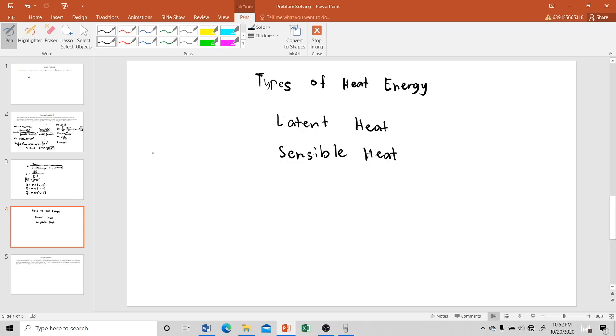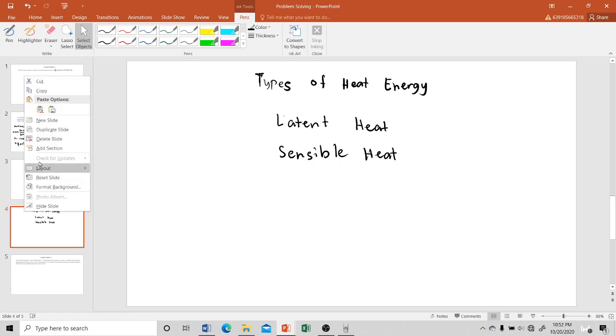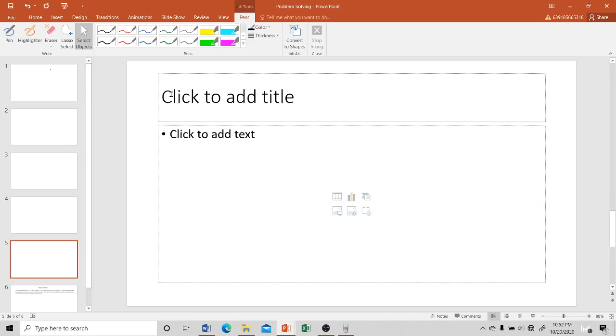So at this point, we introduce another ideal gas property called the specific heat ratio. For the specific heat ratio, we have this mathematical form or dimensional form.